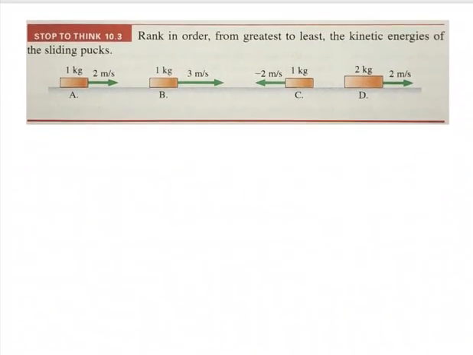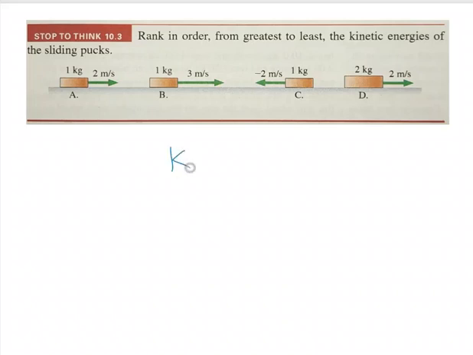Maybe. Okay, rank in order from greatest to least the kinetic energies of the sliding pucks. What should we do? Write down that equation. What equation? 1/2 times mass times velocity squared.